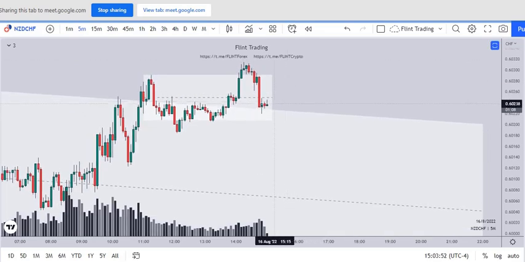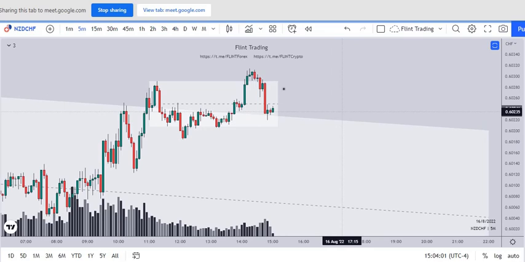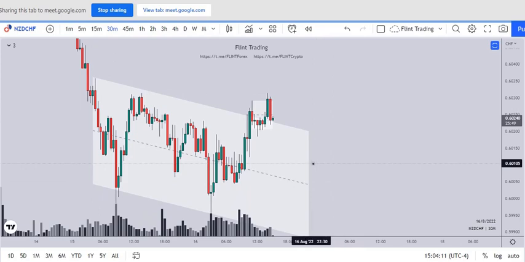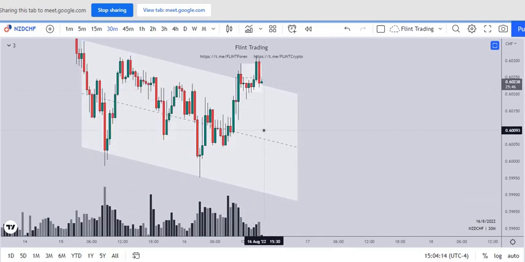So I would have entered right there after this bearish candle, placing my stop loss above that. But as the time is not really good, we have to consider that as well. So I'm avoiding the DCHF at the moment. But if tomorrow, after some markdown phase, we see again a redistribution, then I would try to get in because we have our intentions and our reasons on a high time frame.